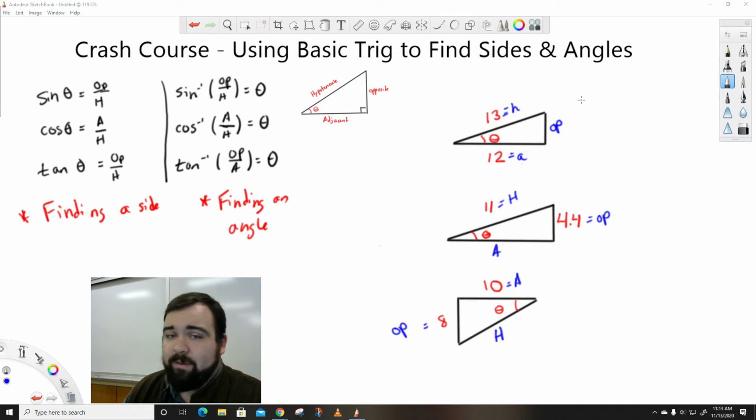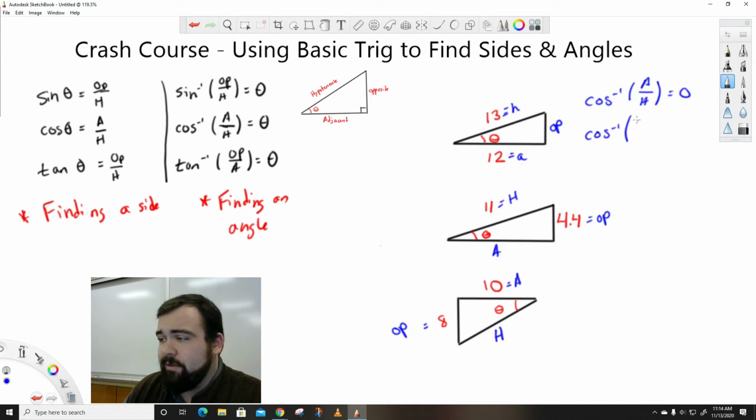Alright, so for this top one, we have the adjacent side and the hypotenuse. So we're going to go to the cosine function, and since we're finding an angle, we're going to use the inverse cosine function. Plugging in our values, it's going to be 12 over 13, and that comes up to 22.6 degrees. Now for the next one down, looking at theta again, we have the opposite side and the hypotenuse.